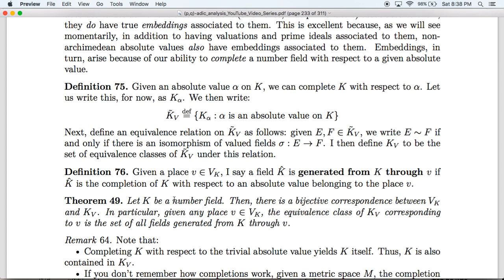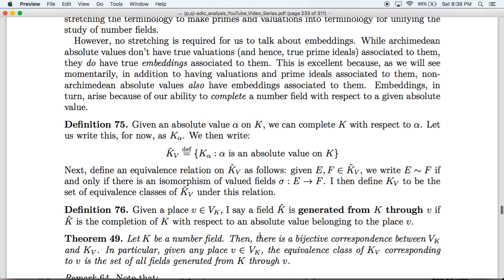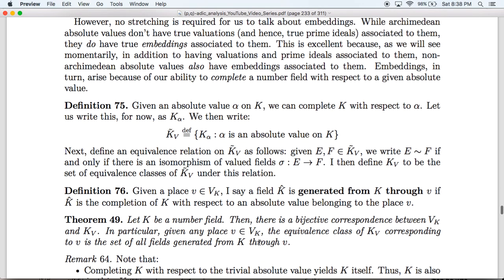So the thing I wanted to say is that I was just coming up with this notation on my own, but I'm now incredibly in love with it because look how symmetric it is. Vk is in a bijection with Kv. That's why I don't want to call this M, because then you lose the prettiness. And so the point here is that this is the bijection that gives us what we want.